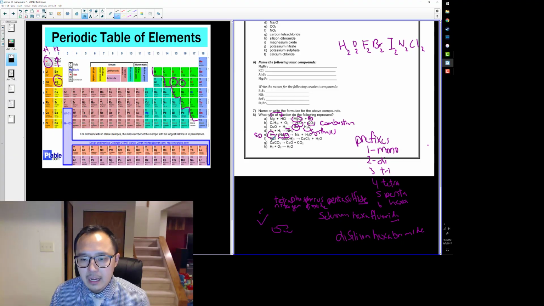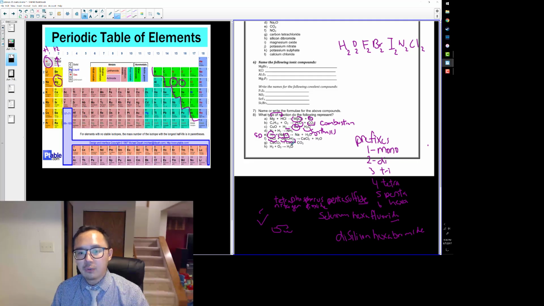And then for letter F, I have HCl and Ca(OH)2. This is a double displacement reaction, also an acid and base reaction. So why is it a double displacement? Because if you look at HCl, you have a hydrogen and a chlorine, and then your Ca(OH)2 has a Ca and OH combined to each other.